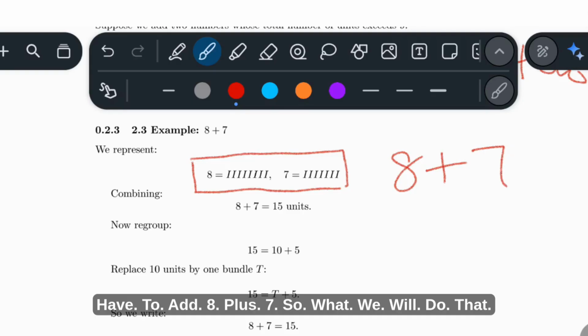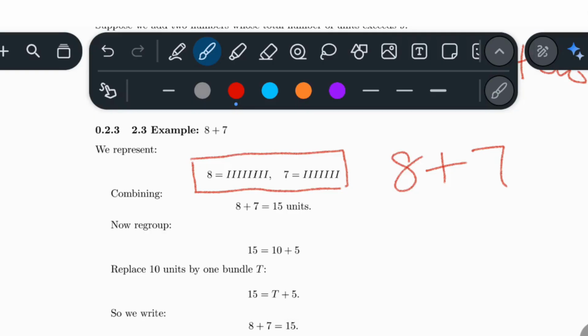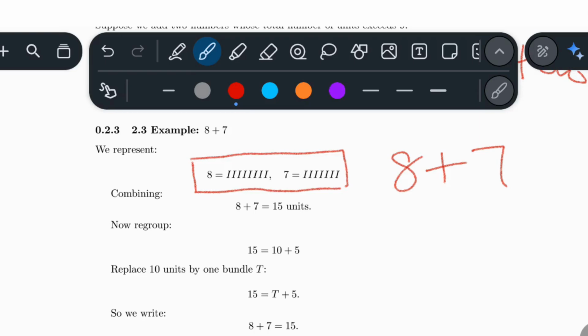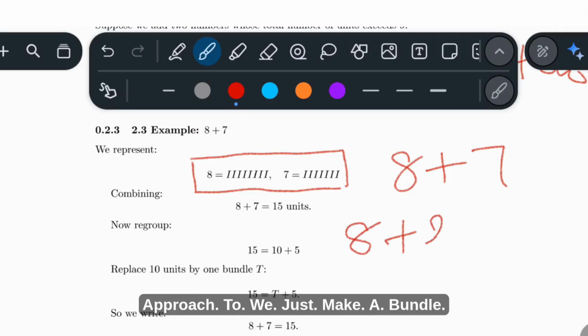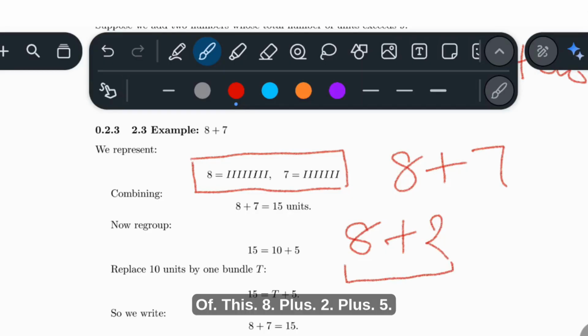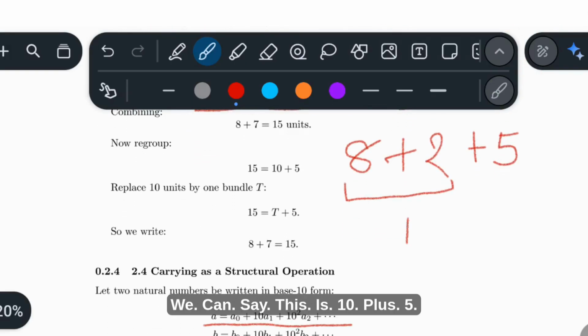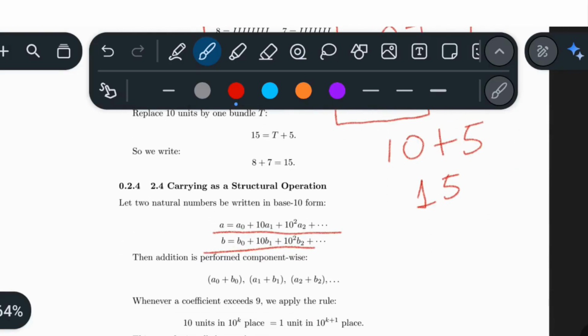Either we can make 8 bars and then write 7 bars, and then calculate. There is another approach too: we can make a bundle of 10 from 8 plus 2 plus 5. We can say this is 10 plus 5, that is 15. So that's simple.